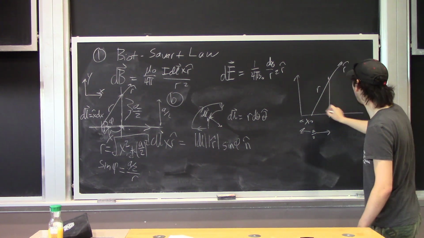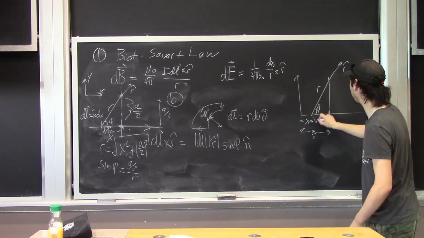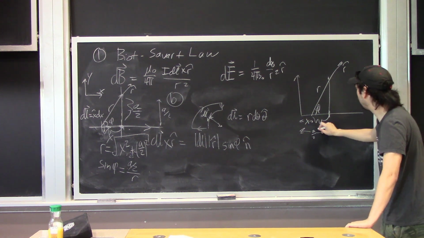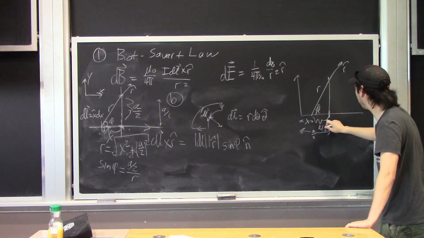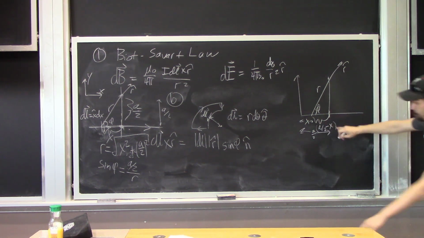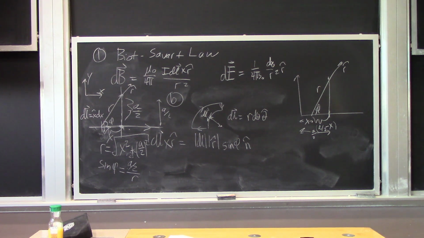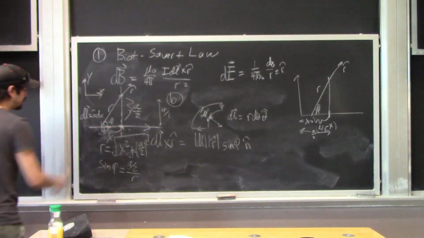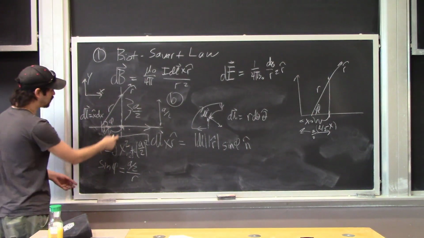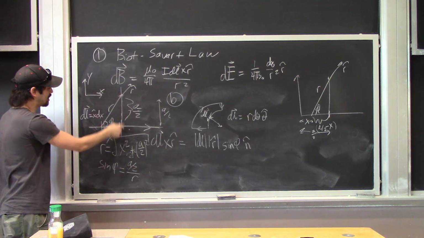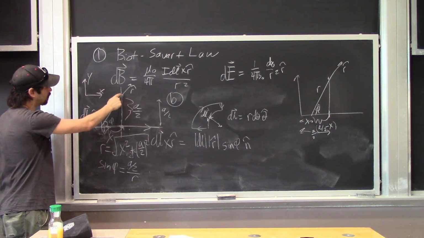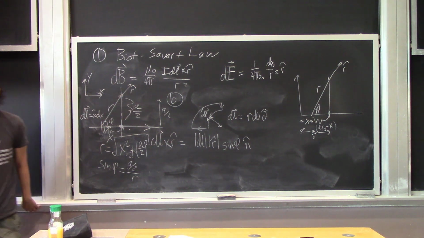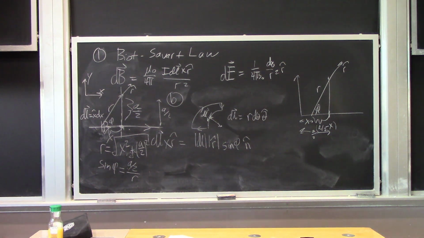And so when I form this triangle, the piece that I really want here is a divided by 2 minus x. So it's actually a little bit more complicated to do it like this. So part of what I'm doing here is I'm defining x to be relative to the point that's directly beneath the point where I'm finding the magnetic field. Does that clarify things? Okay.